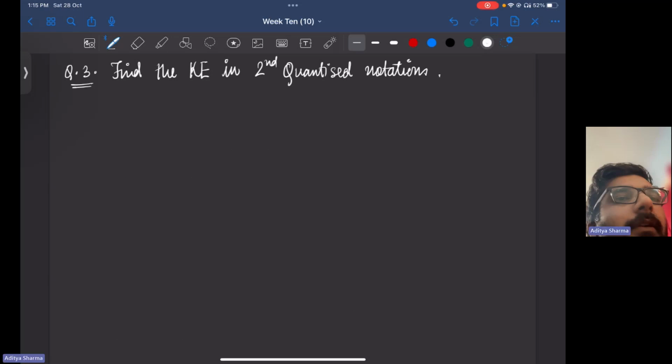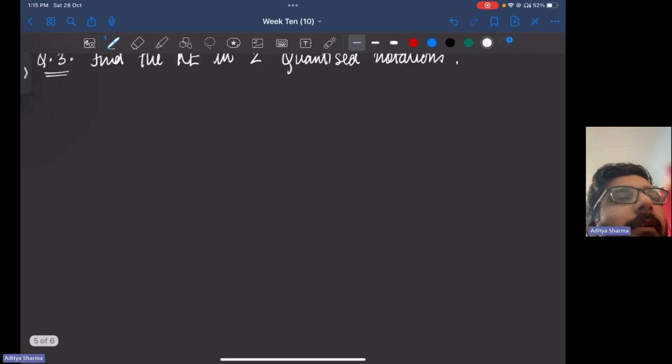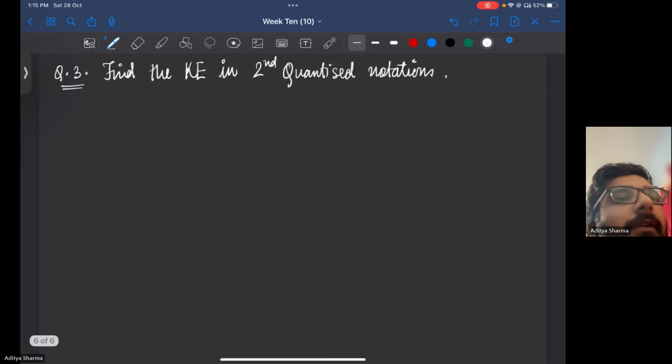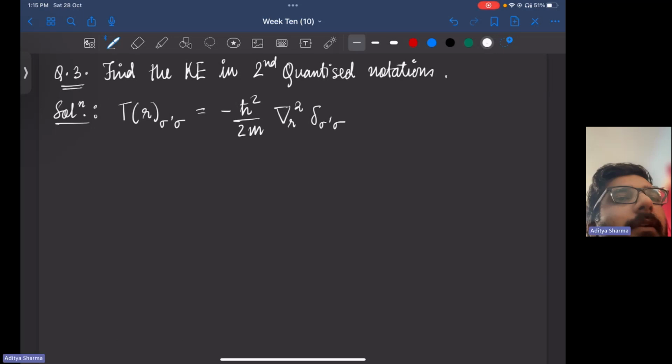Okay, so kinetic energy is given like this. Kinetic energy T of r, sigma prime sigma, is given as minus h cut square by 2m del square, so this is just p square by 2m.